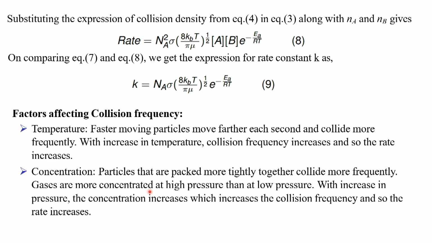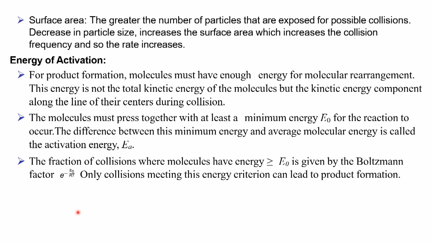Gases are more concentrated at high pressure than at low pressure. With increase in pressure, the concentration increases, which increases the collision frequency, so the rate increases. Then surface area: greater the number of particles exposed for possible collisions, decrease in particle size increases the surface area, which increases the collision frequency, and so the rate increases.